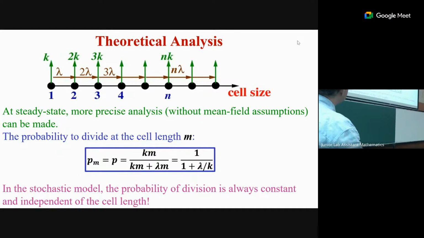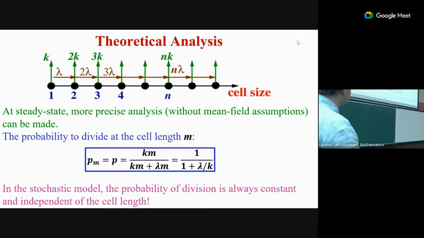So I can look at a little bit better analysis, but we have to go to the stationary limit. And in the stationary limit, I can do something. At every state of the system, I can define the probability to divide. It's very simple. It's the rate of division over the total rates of the system, and it's given by this expression.